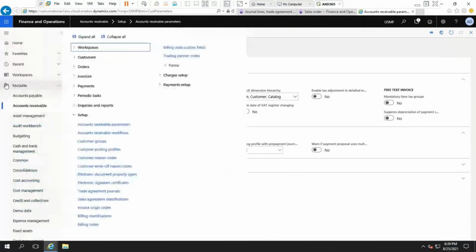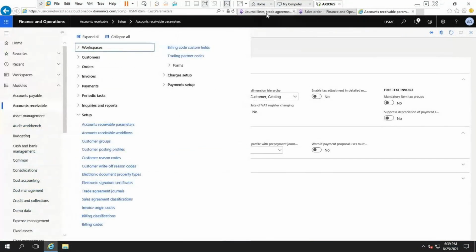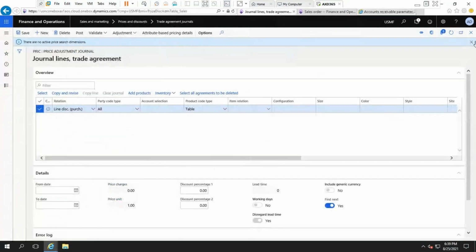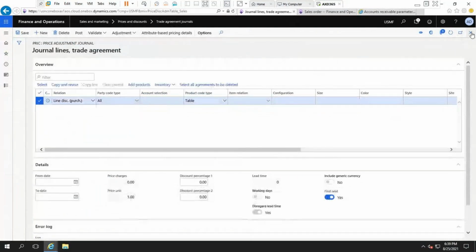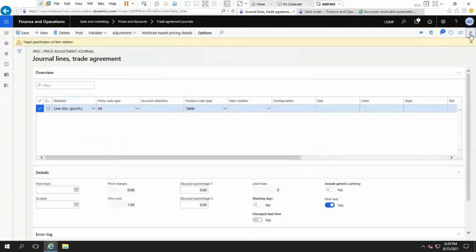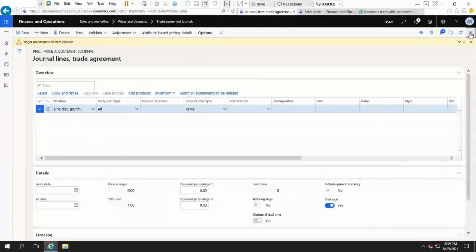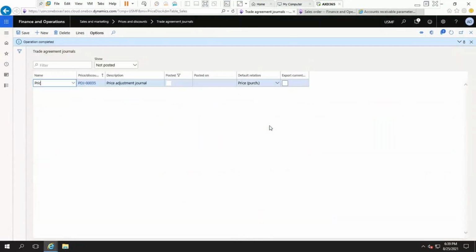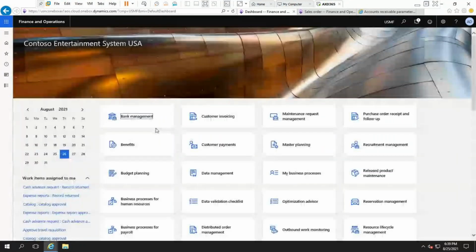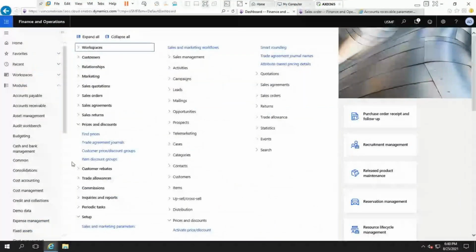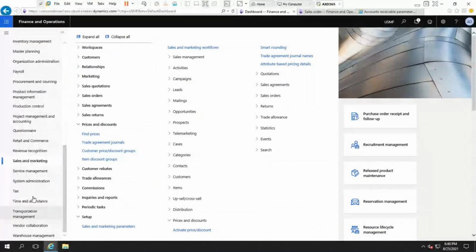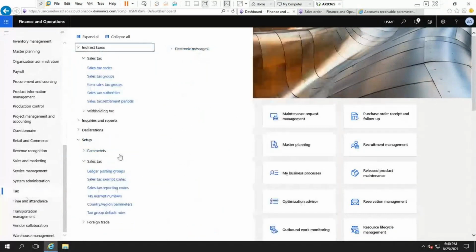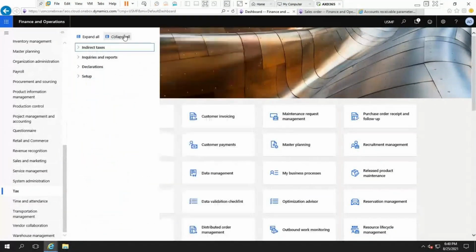Go to modules, tax module. In this, you will find indirect taxes and withholding taxes.